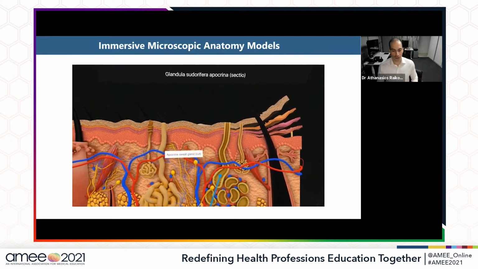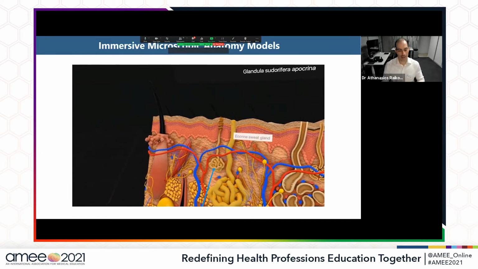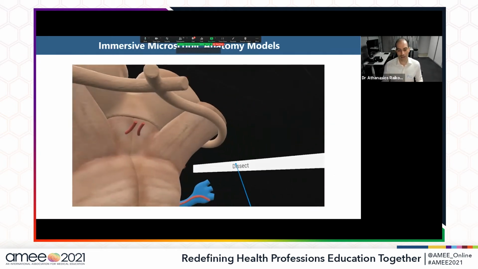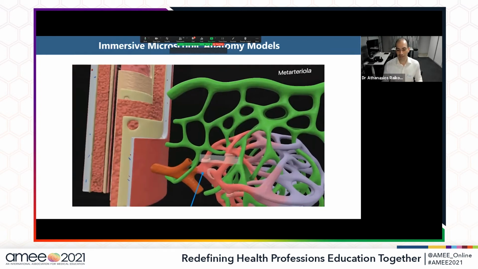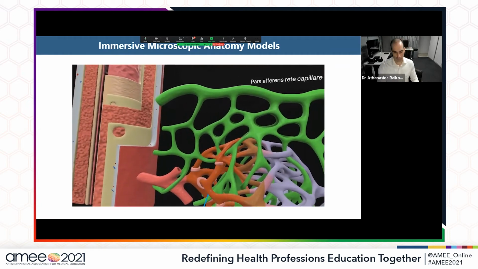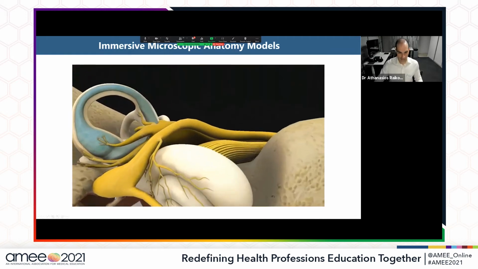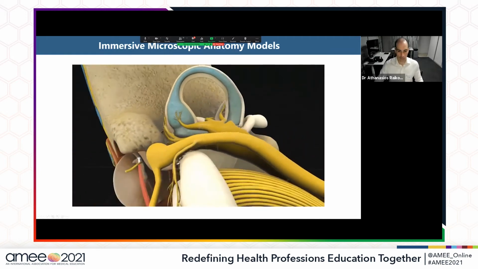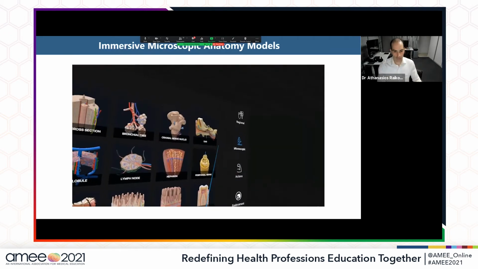You can use those full thickness histology, microscopic anatomy models, and then you can visualize them in your phone or using virtual reality, even better. And it makes learning so much more joyful. That's the model of the ear, which is astonishing. All right, so moving on.